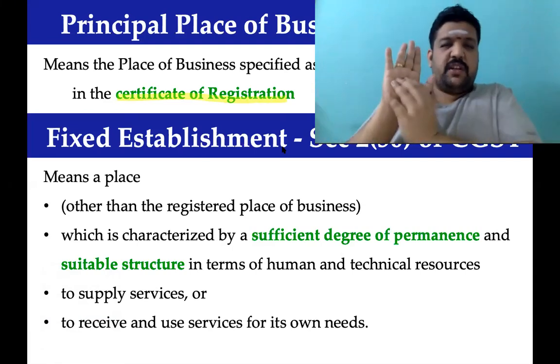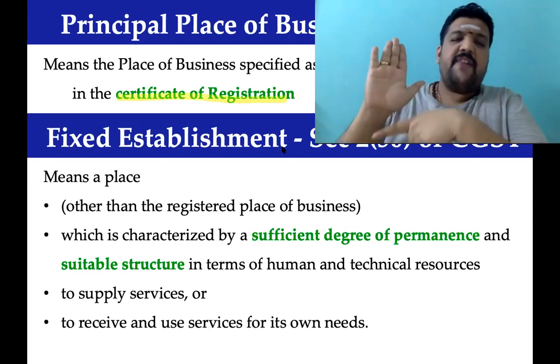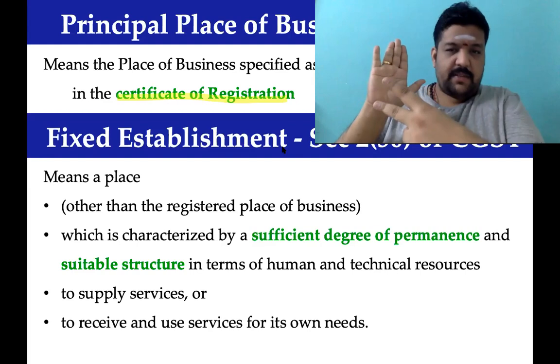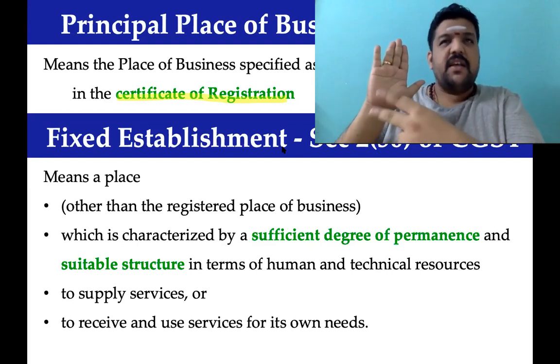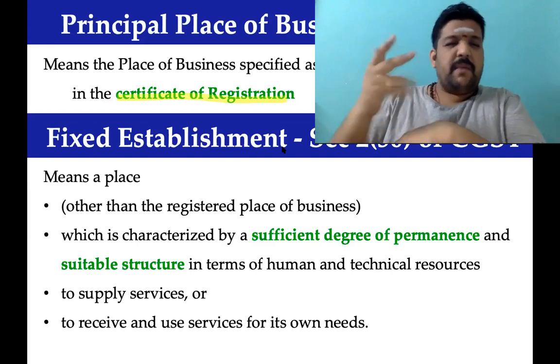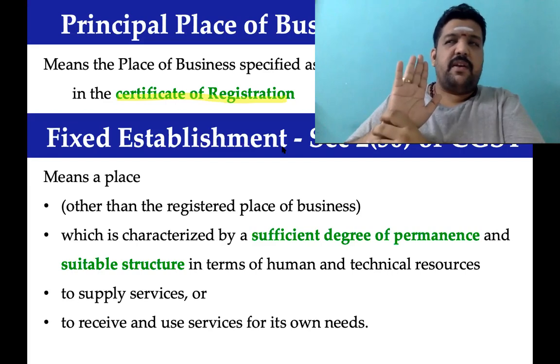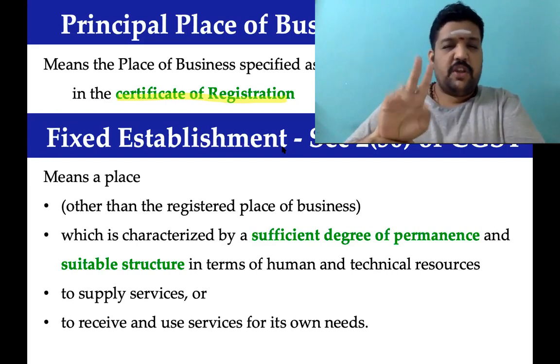On the next page of the GST registration, additional places are put. You can have a maximum of 20 places. If it goes beyond 20, we will keep a record, but it can't be uploaded in the system. The maximum number of places that can be uploaded in the system is only 20.